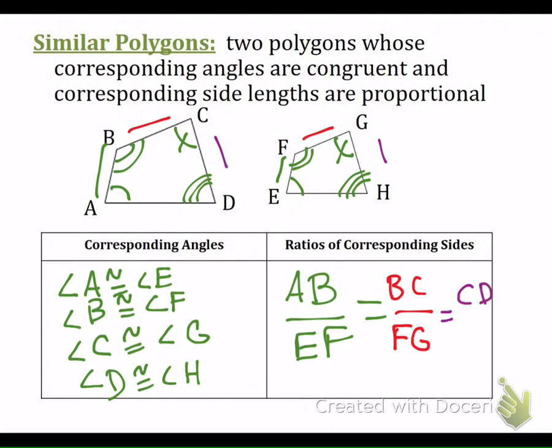So CD over GH will be equal to HE over DA over HE. So see how, if I call this the bigger one, it looks a little bigger, right? So if I write a ratio of side lengths, bigger over smaller, it's equal to bigger over smaller.